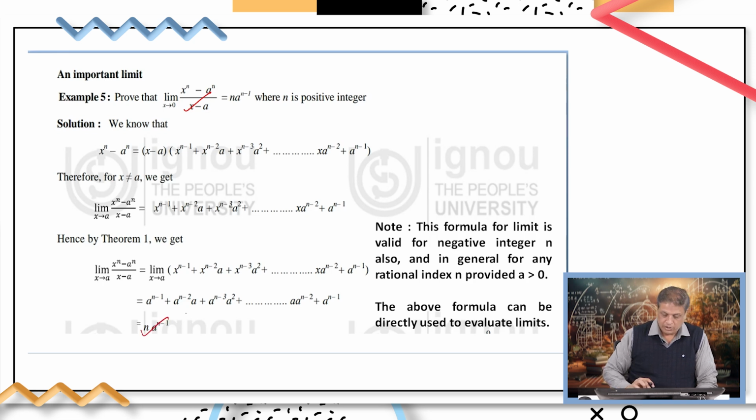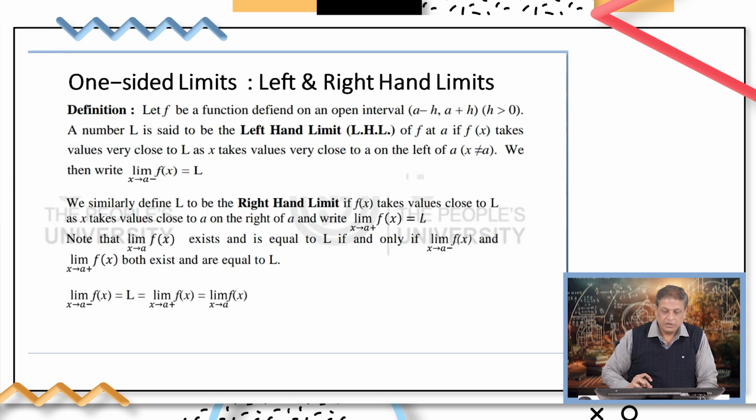So, we applied this formula also, and this formula is very important.